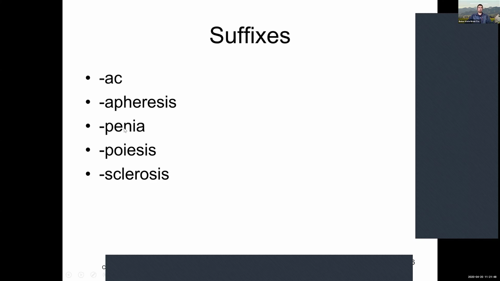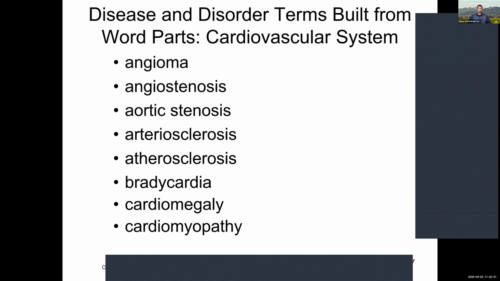So leukopenia would be a decrease of white blood cells, whereas leukocytosis would be an increase of white blood cells. Poiesis is a formation suffix, meaning a new formation or an increase of formation. And sclerosis is one that we're commonly going to see with our vessels in our blood system, meaning a hardening of that vessel.